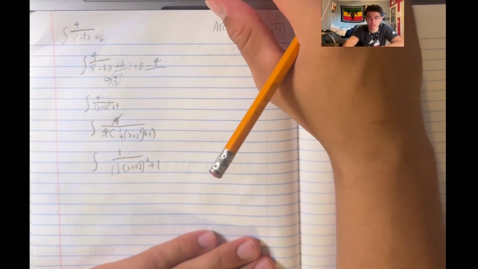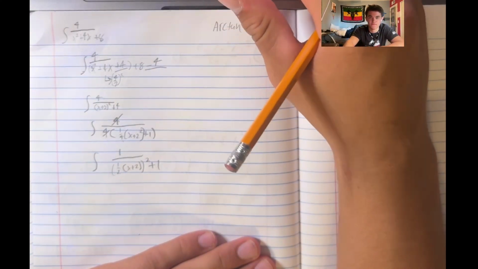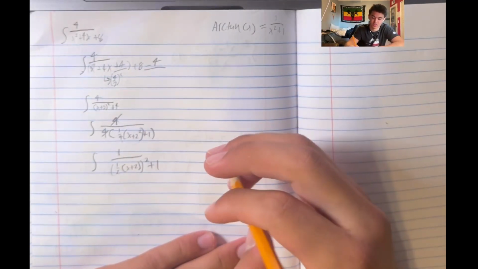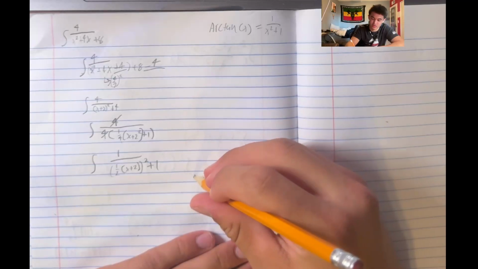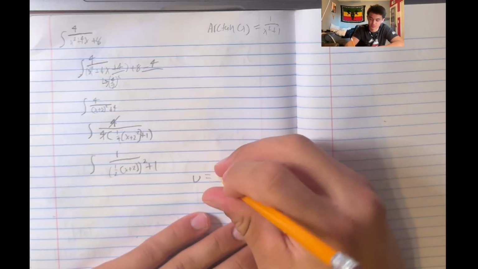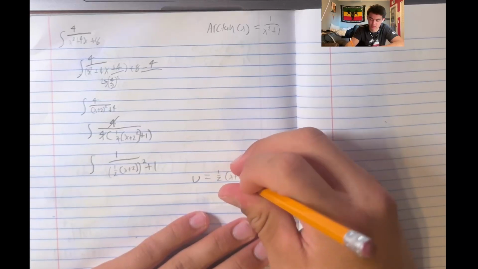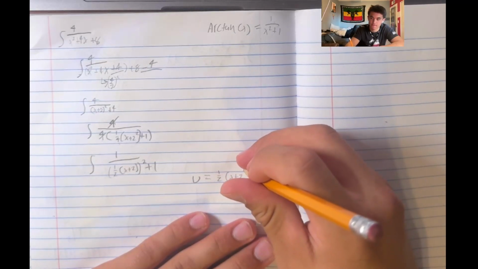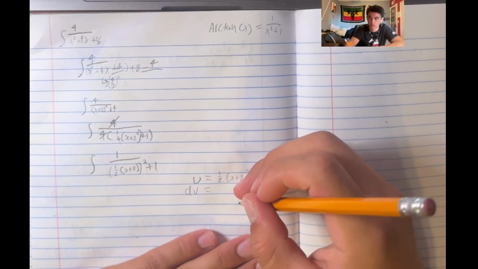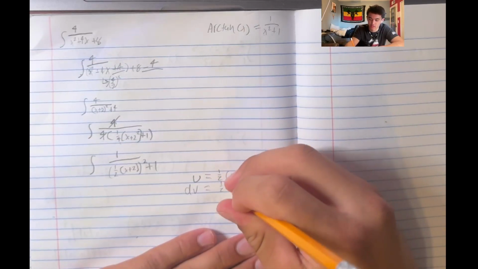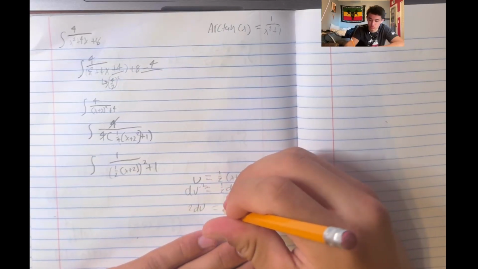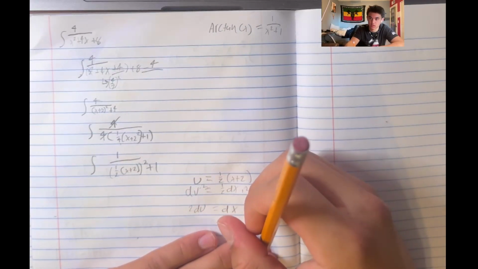It's a little confusing, but hopefully that kind of makes sense. Now u is going to be this inside function, 1/2 times x plus 2. So du is equal to 1/2 dx, which means 2 du is equal to dx.